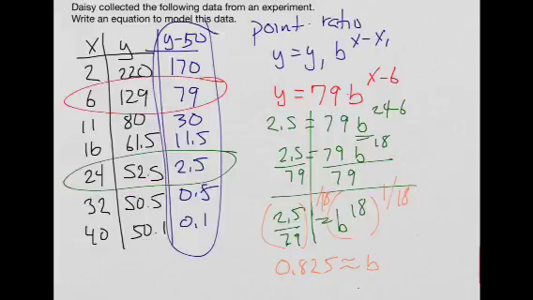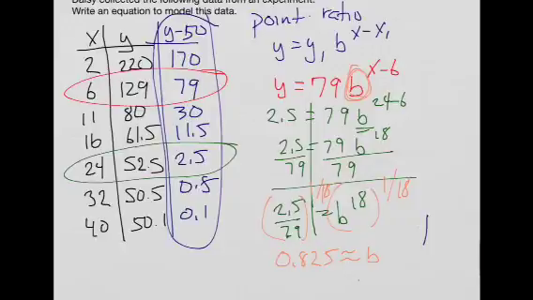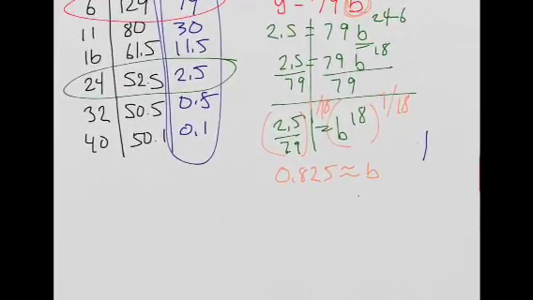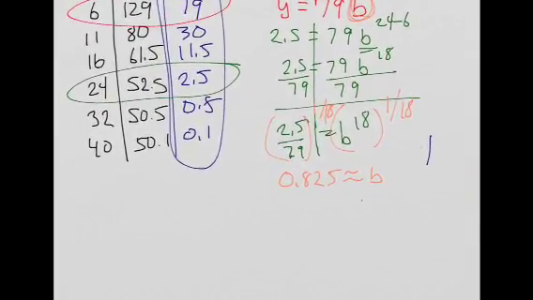So plugging this in for my b in my original equation, I'm going to get my equation for the blue data is y equals 79 times 0.825 to the x minus 6.